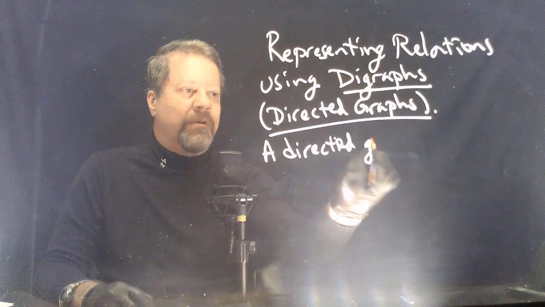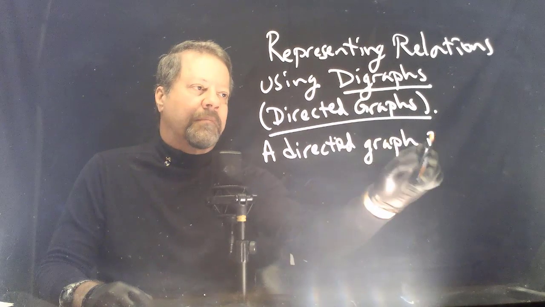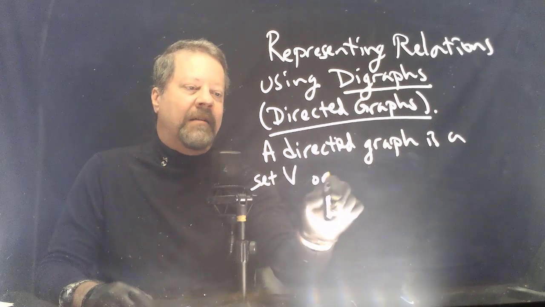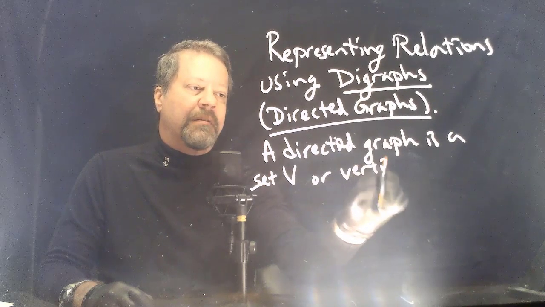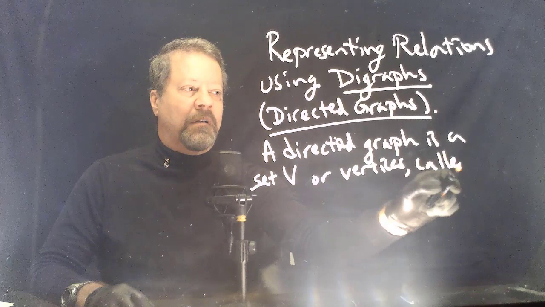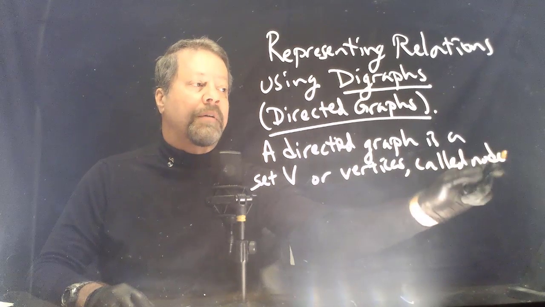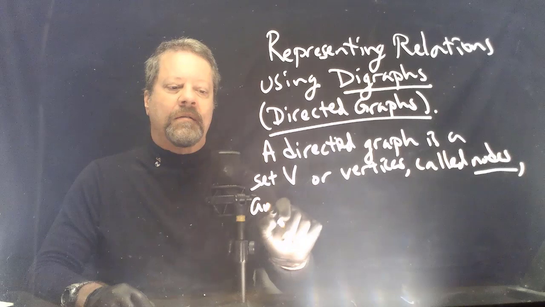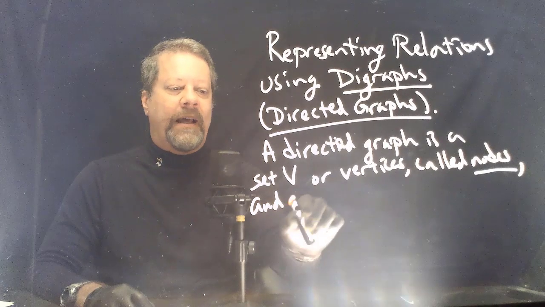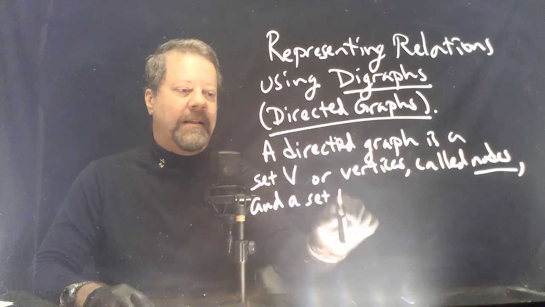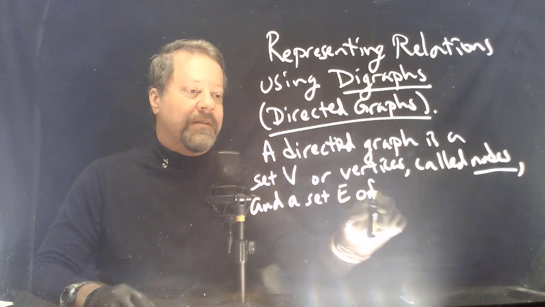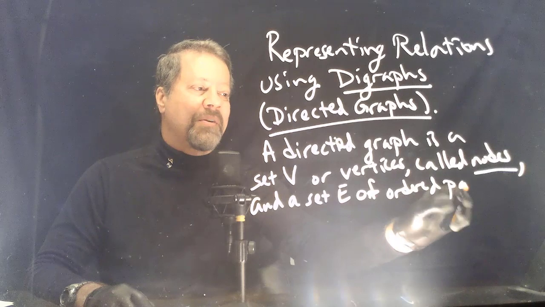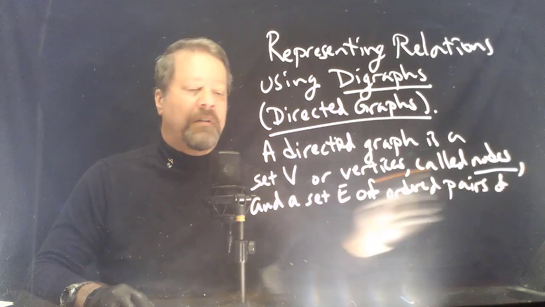A directed graph is a set V of vertices called nodes and a set E consisting of ordered pairs of vertices.